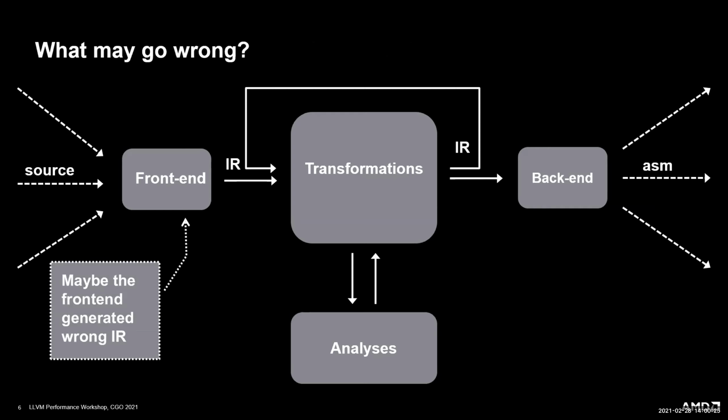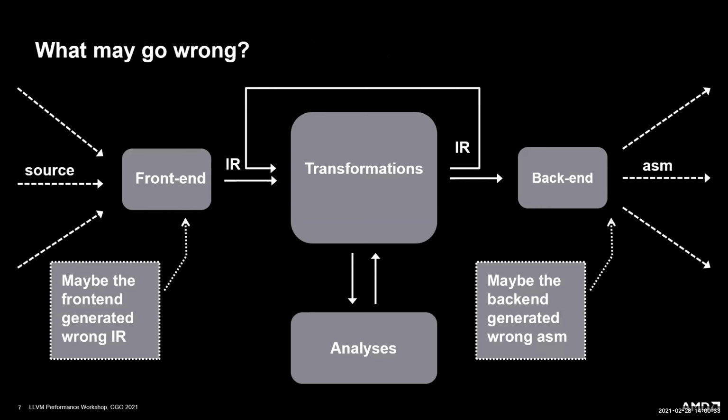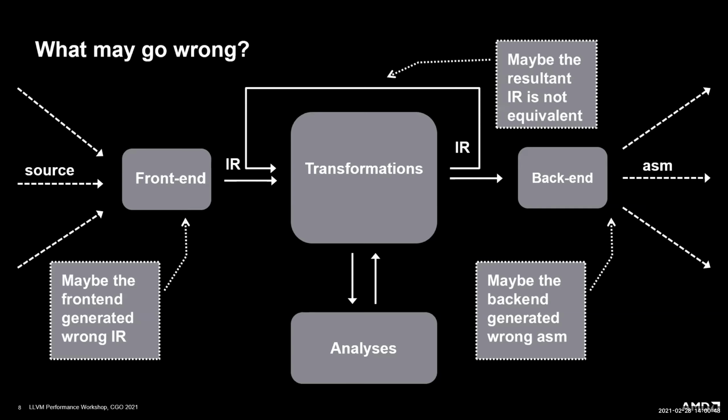Maybe the front end is generating some IR which we don't want it to generate. Maybe the backend generated some assembly that may be right, but that is not what we desire. Maybe it's less optimized, or that's not expected. Maybe the IR that is transformed is not equivalent with respect to correctness.